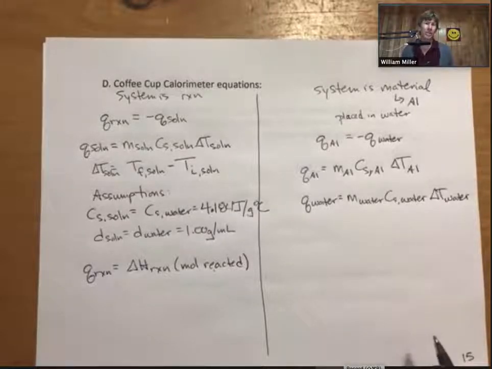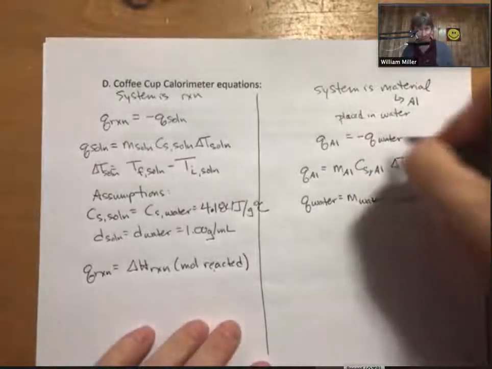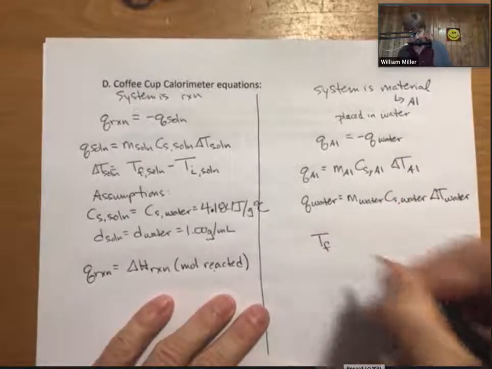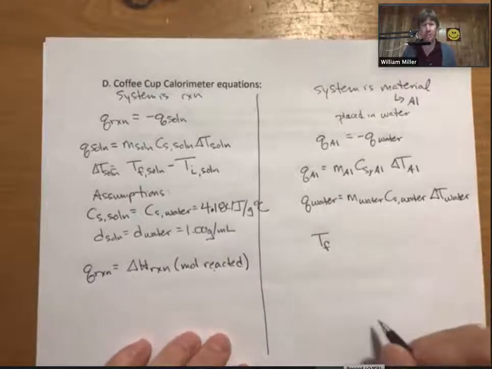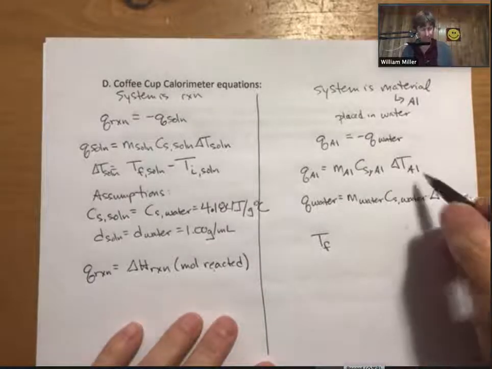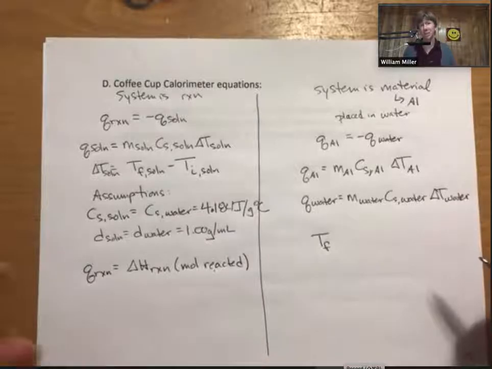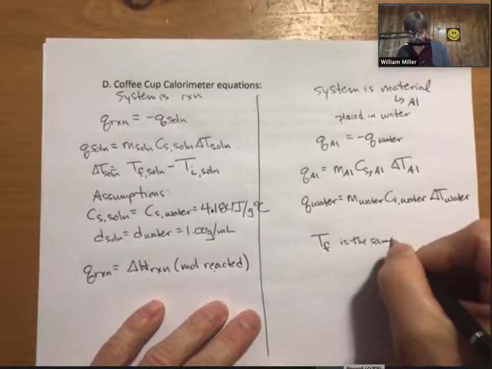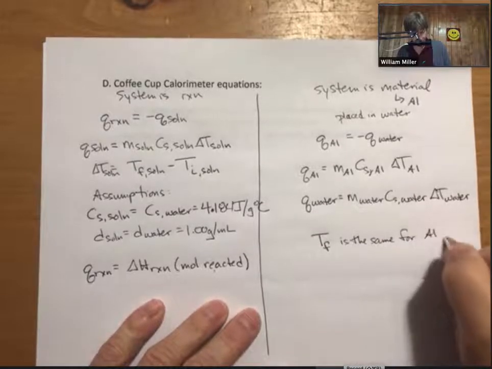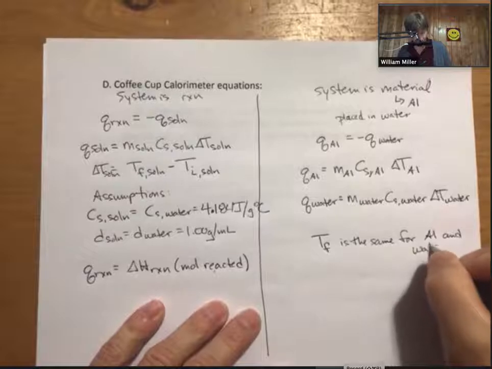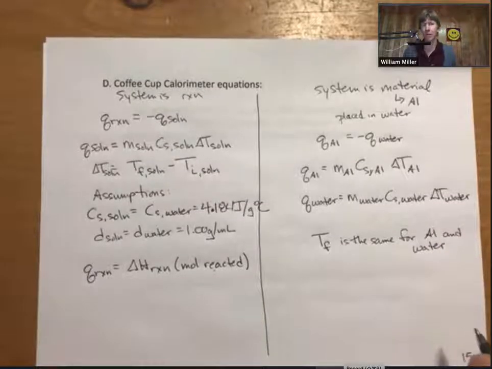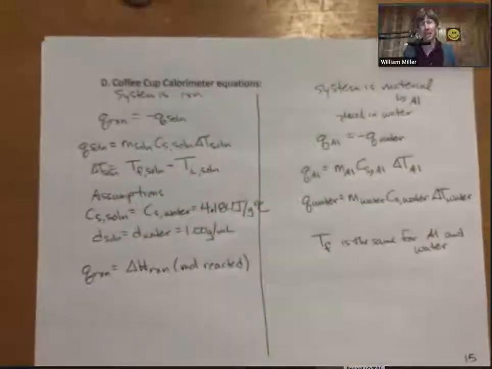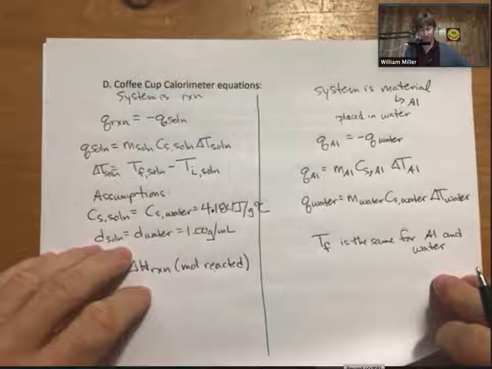And I think the one thing that comes up pretty frequently in these types of problems is that we're solving for T final, and that in these types of problems, T final is the same for the aluminum and the water because you'll be mixing them together. You won't in fact have two separate T finals. They'll both be the same, and that's what you'll be solving for, as I think we'll see.